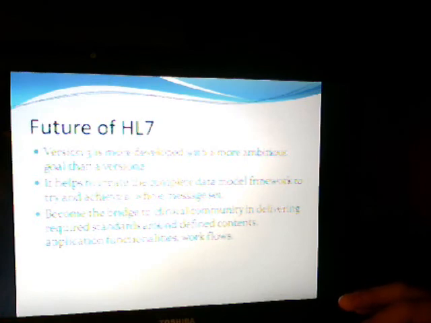As it grows, over time HL7 becomes ever more complicated, ever more difficult to teach, and ever more difficult to apply successfully. And I'm sure they are going to come up with more advanced versions than version 3.